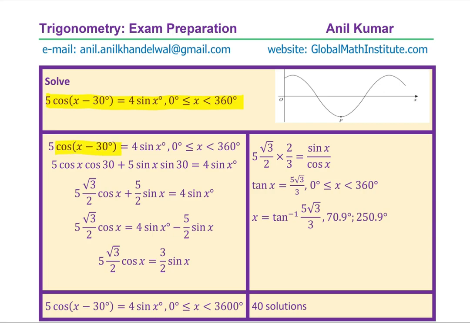When you expand the left hand side and bring the terms together after placing the value of sin 30 and cos 30, we do get tan x as 5 square root 3 over 3, and tan inverse gives you the answer as 70.9. And when you add 180 degrees, you get 250.9 degrees. So these are the two solutions which we find for the given equation.